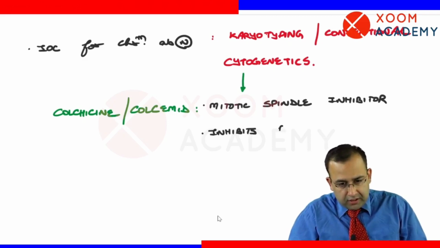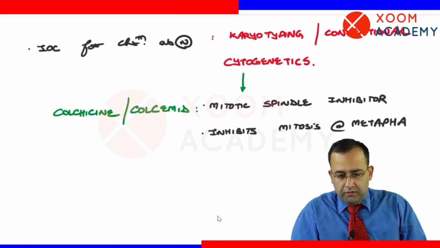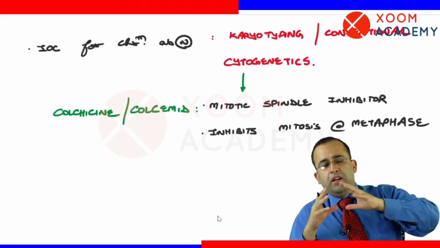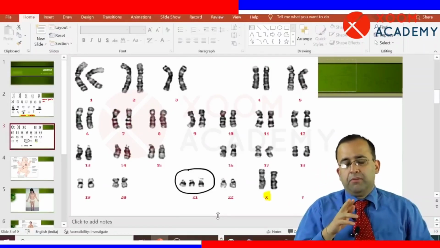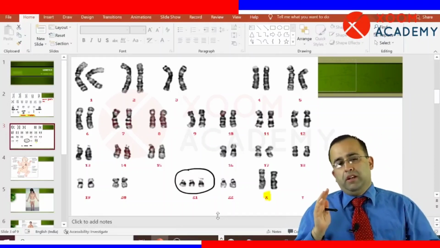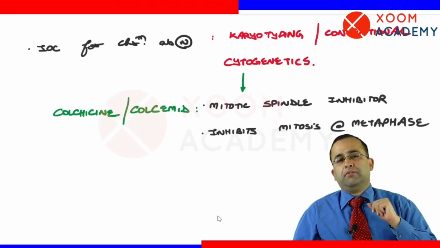It inhibits mitosis at metaphase, as a result of which we see the chromosomes being scattered. एक अच्छा सा हमें chromosomal pattern नजर आता है, and we are able to appreciate whether it is normal or if it is associated with some abnormality. This is conventional cytogenetics or karyotyping.